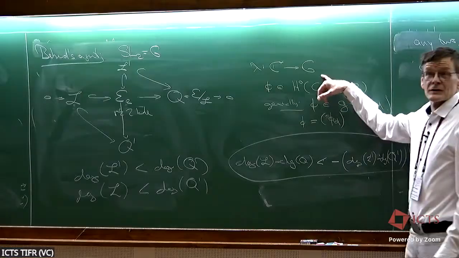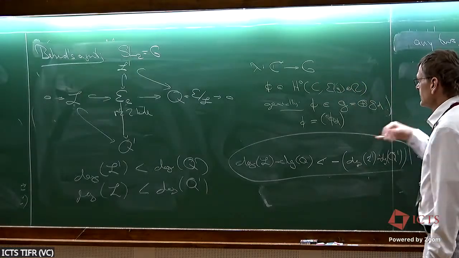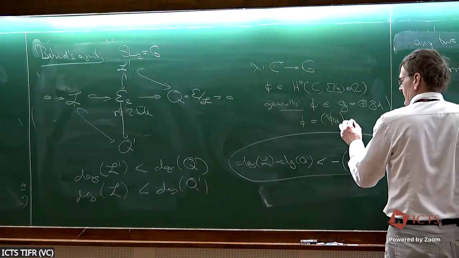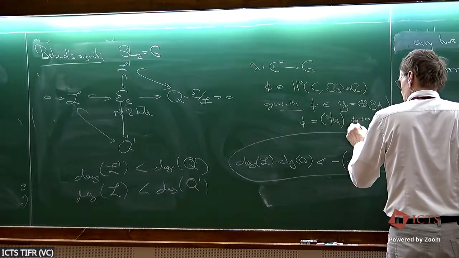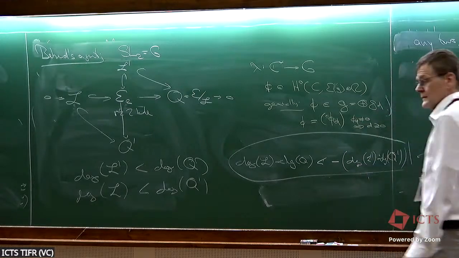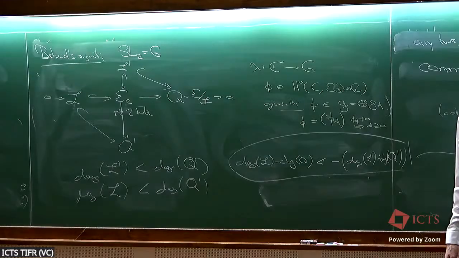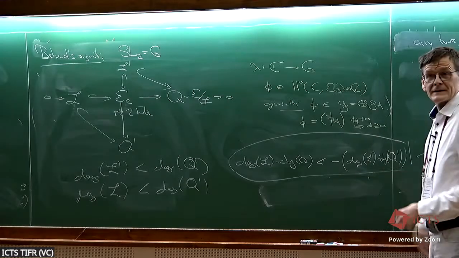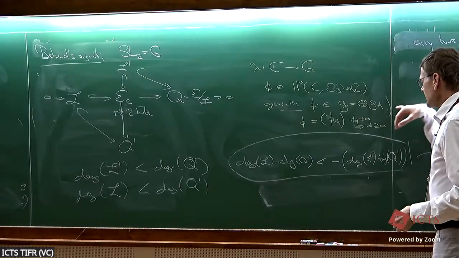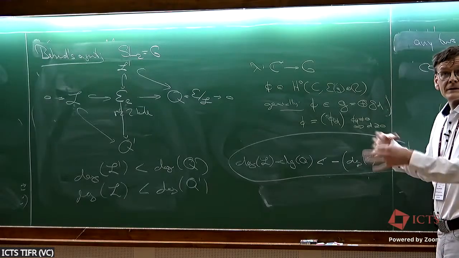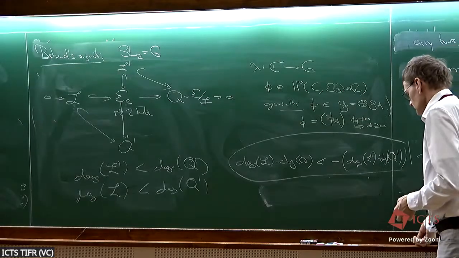You take the decomposition into weight spaces for D, and then this phi being allowed means that phi D being non-zero implies that D is bigger or equal to 0. That's the compatibility with the Higgs field. And that's the hyperplanes that you have. So it's this combinatorial structure. And so in general, this also tells you that the hyperplanes are not totally arbitrary, but they are given by things in the root lattice.